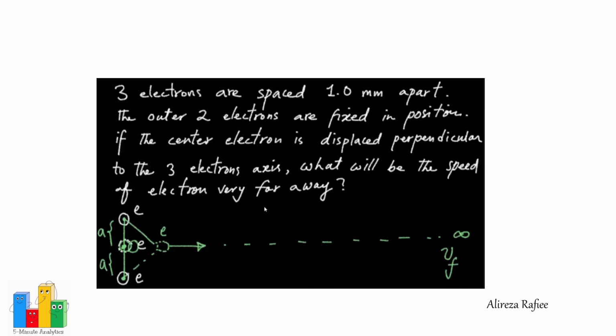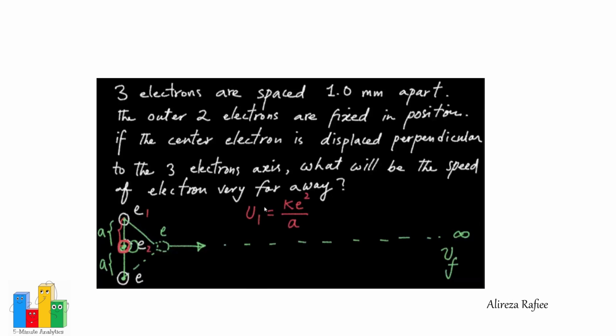Okay, so at this position, right between the 2, the electron has some potential energy. The potential energy depends on the distance between the electrons. So there will be a potential energy due to, let's call it, electron 1. It would be K, the charge of the electron times the charge of the second electron, that's e to the power of 2, divided by the distance between them, A. That's the total amount of energy stored in this configuration between 1 and 2.